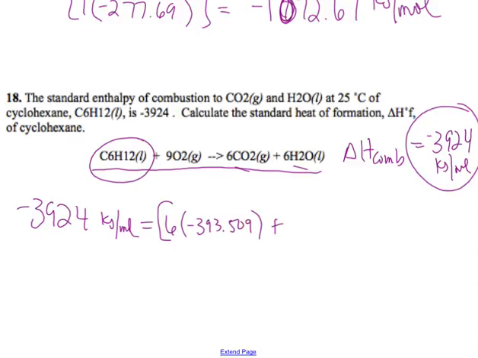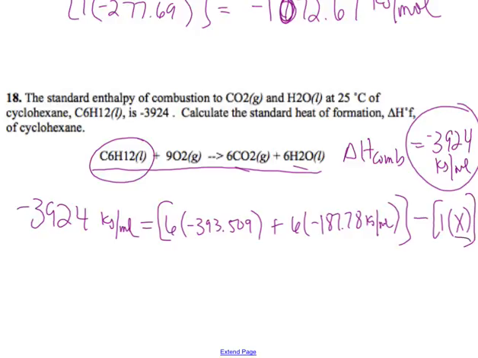Plus 6 times H2O liquid, negative 187.78 kilojoules per mole. Products minus, we only have one reactant that we need, 1 times X. That X is what we're looking for. We don't need to include our free element. So now you just have to know how to do algebra.